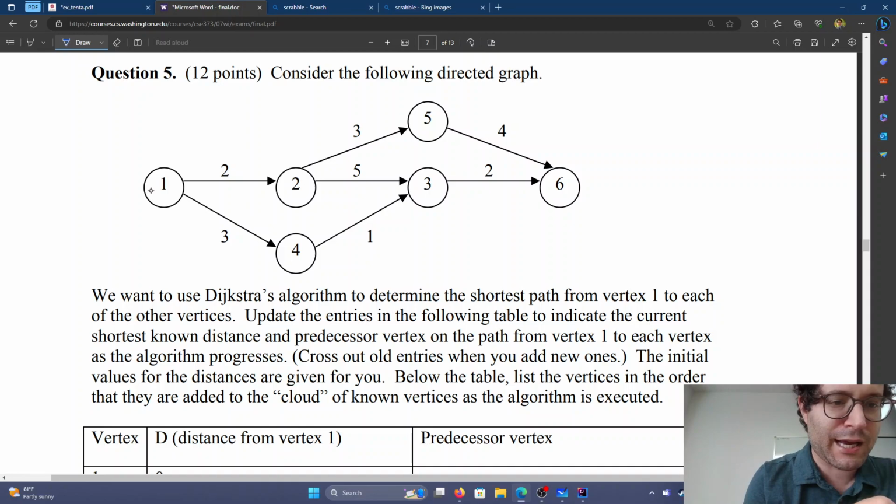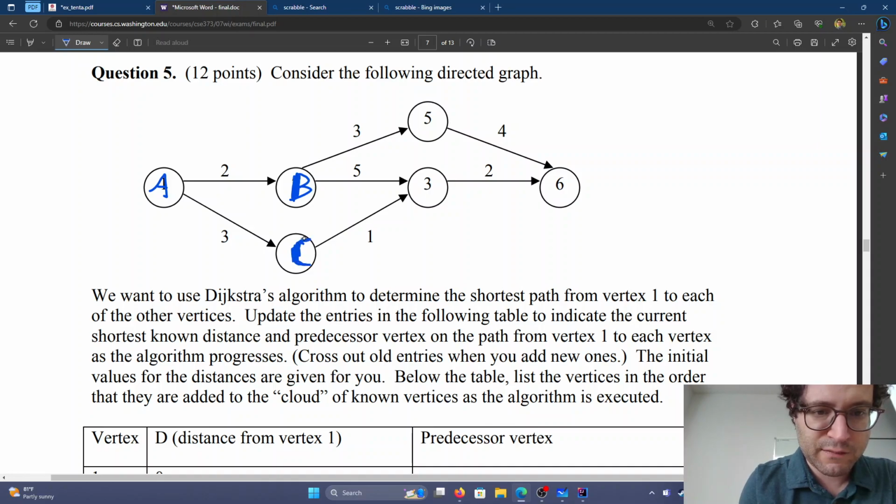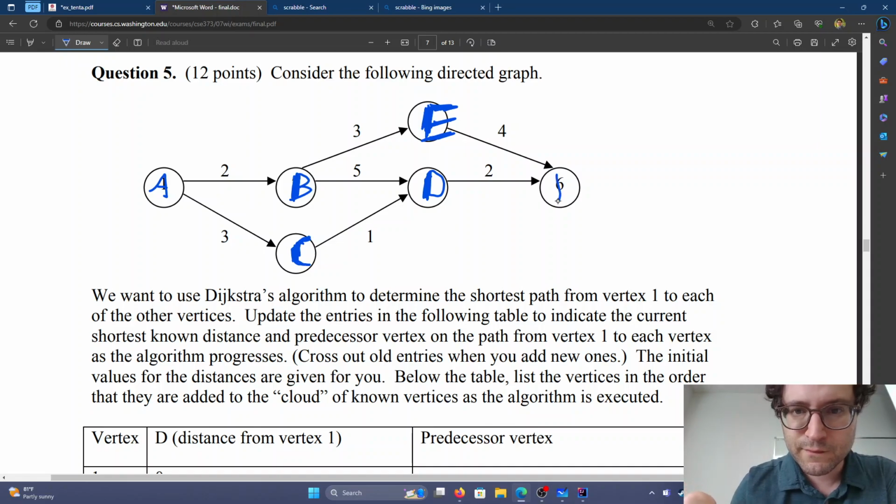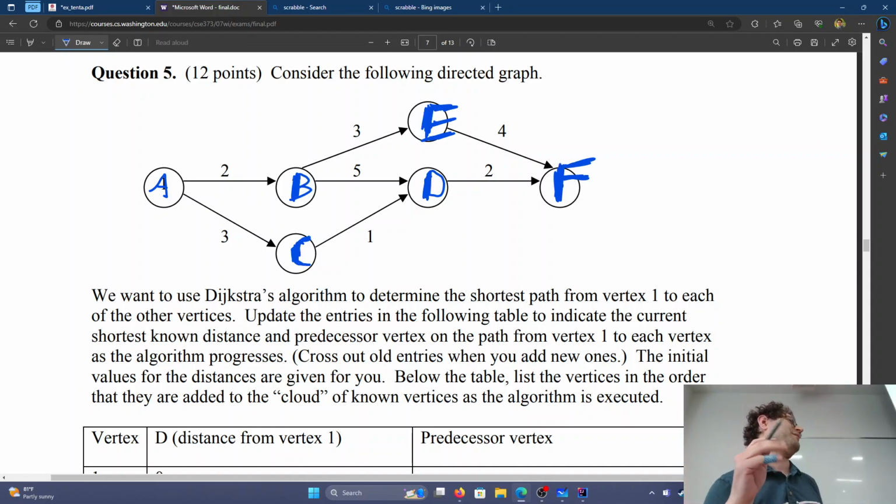So we're going to go ahead and relabel these things as A, B, C, D, E, and F. I know those are terrible looking, but honestly not much worse than my normal handwriting.